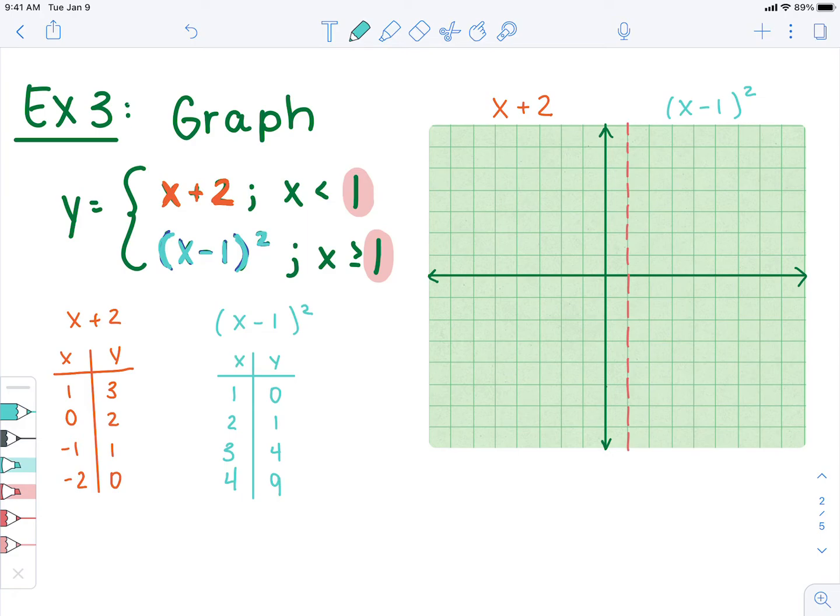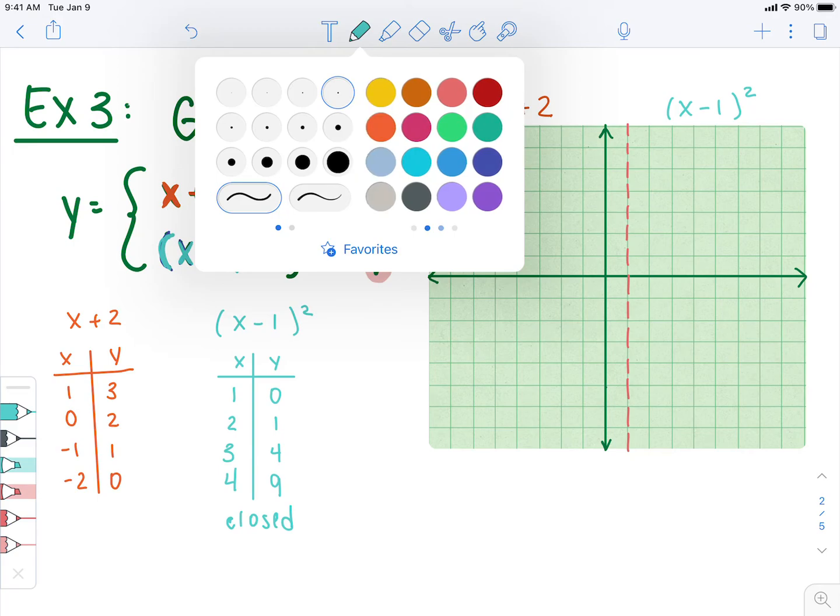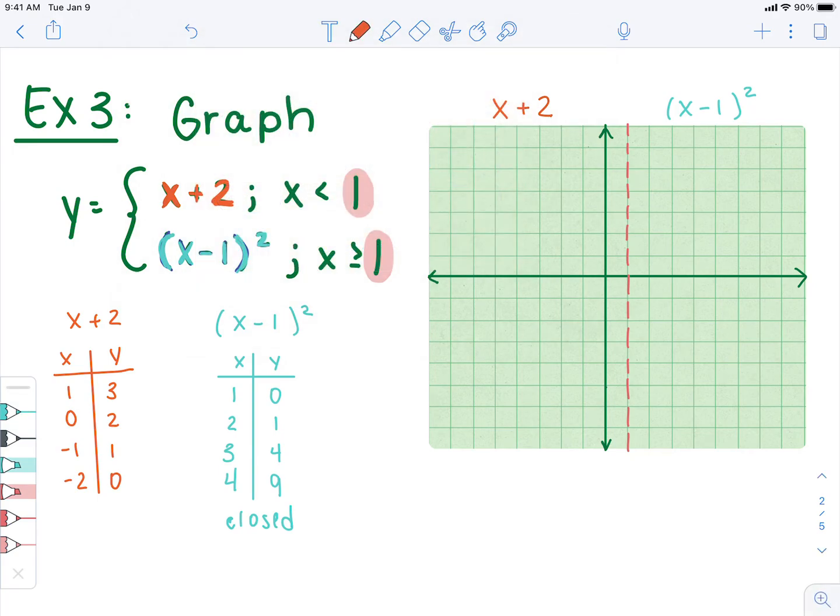So I look back before and I label them and I say, okay, x minus 1 squared is going to be a closed circle. And I know that x plus 2 is going to be an open circle. I just like to remind myself so that I don't accidentally put the point in the wrong place.